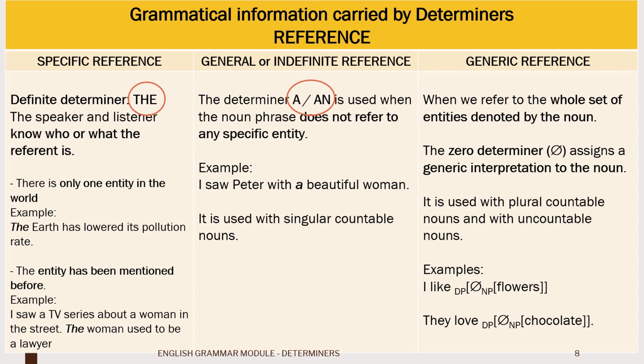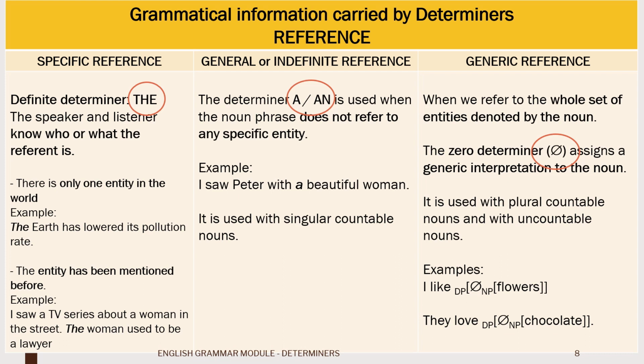And last, in the third column, we have generic reference. And this one may be tricky because determiners are realized by a word in the first two cases, but in this case, we are analyzing the zero determiner. The zero determiner doesn't have a phonological realization.